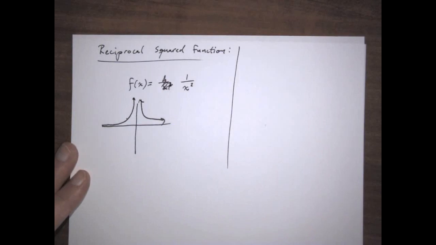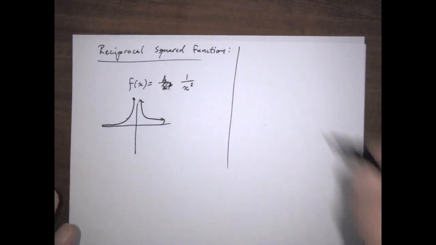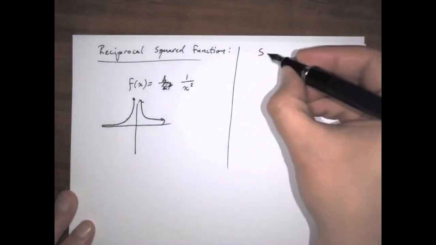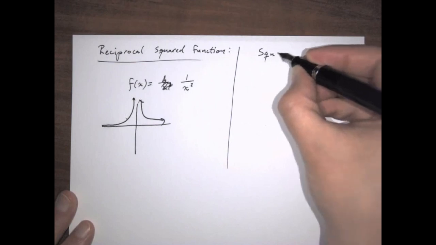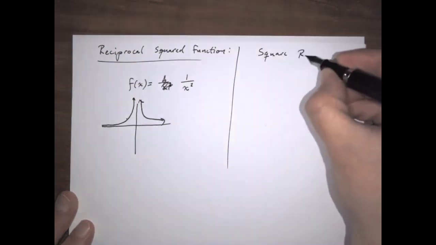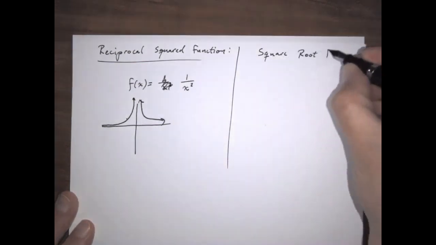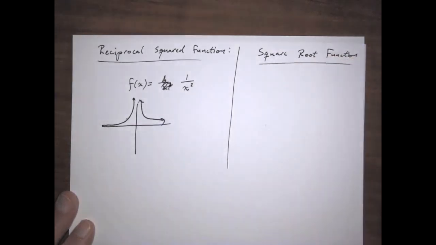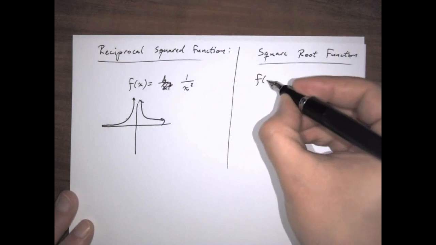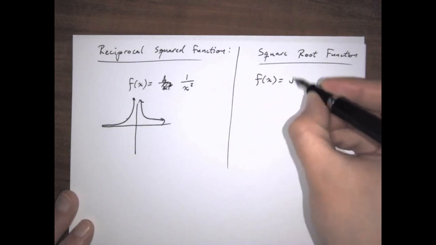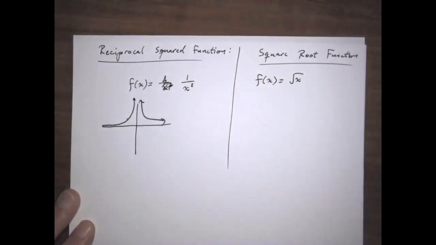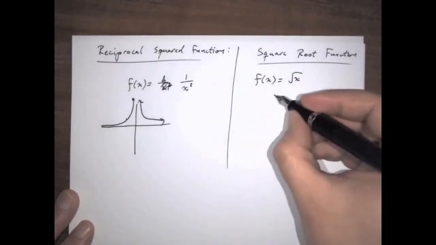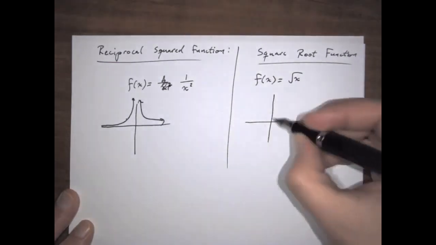All right, now we're getting almost to the end here. The last two are the square root function, which we write f of x just equals square root of x. And the way this looks is very similar to a quadratic function.